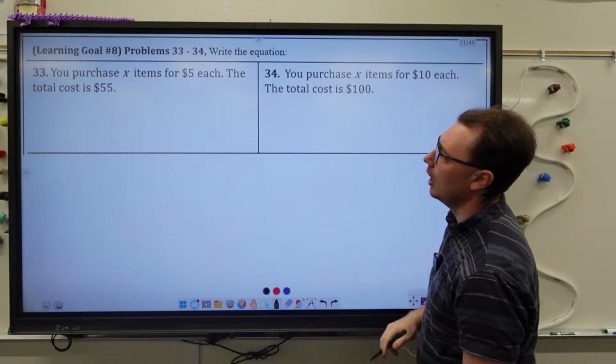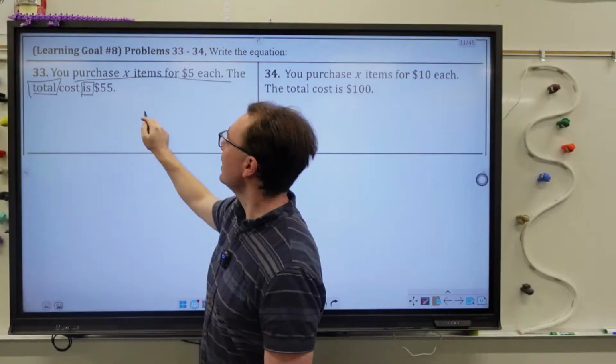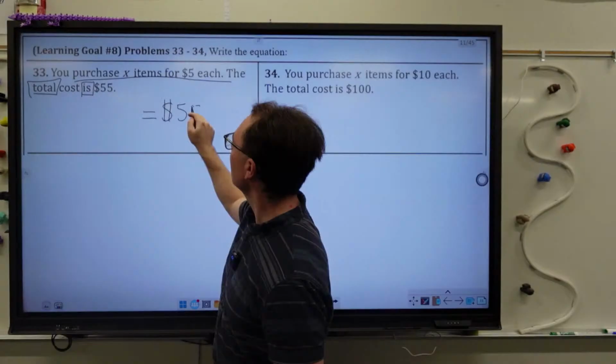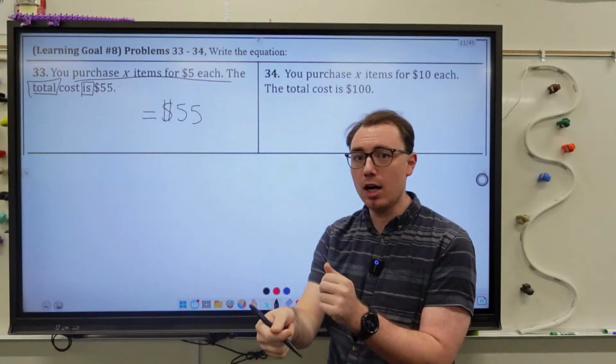When we say that the total cost is $55, we know that this equation, whatever it is, is going to equal $55. But when we think about purchasing an X item for $5, it's almost like you're purchasing a candy bar for $5. And if you purchase one candy bar for $5, you're spending $5. If you purchase 2 candy bars, you're spending $10. If you purchase 10 candy bars, you're spending $50.